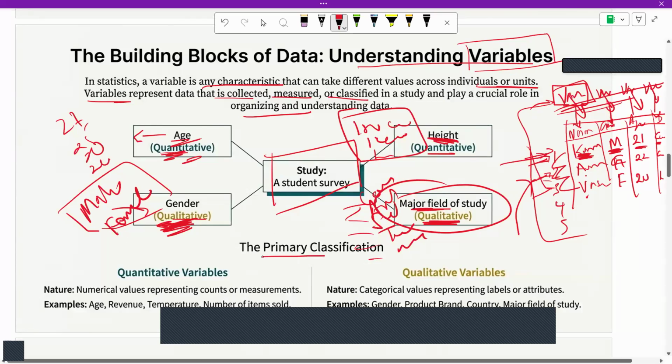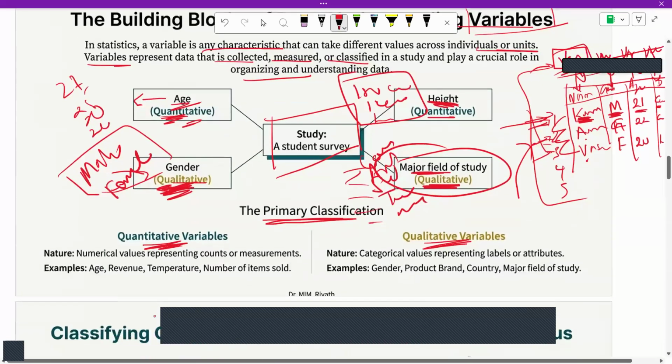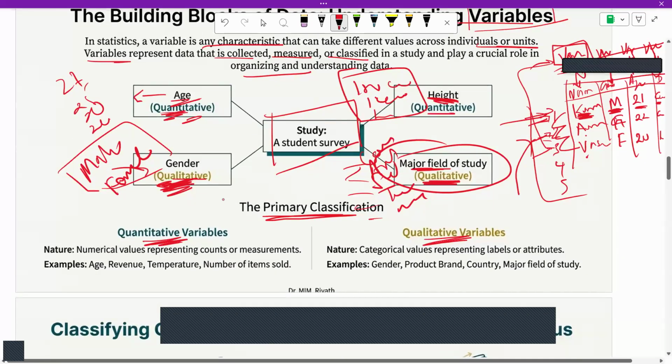The primary classification of variables is quantitative variable and qualitative variable. When we look at the quantitative variable, the values are numerical, representing a count or a measurement.